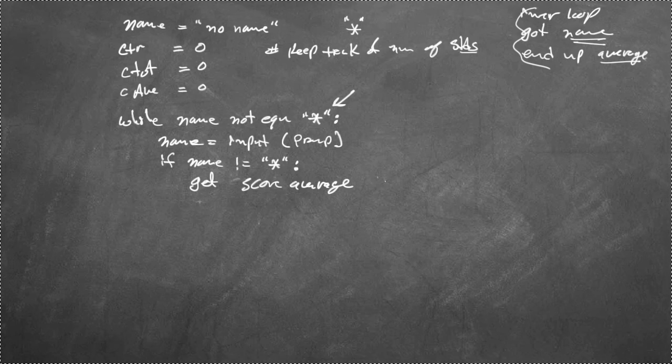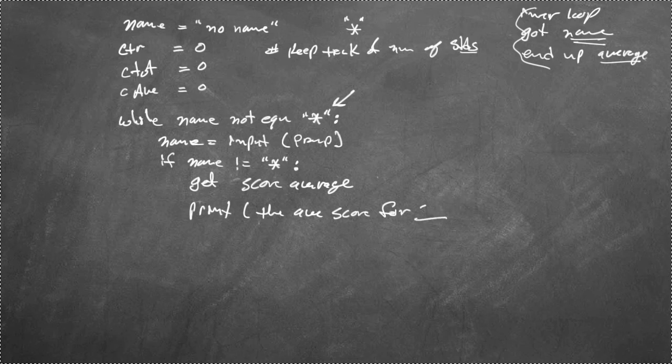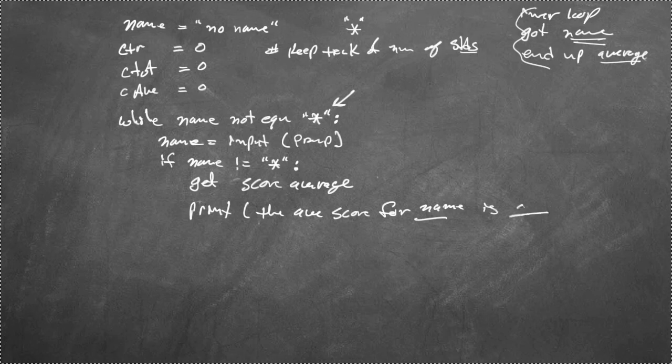So now I can say that the average score, print the average score for whoever the name is, and then it'll be a score. That takes care of that.